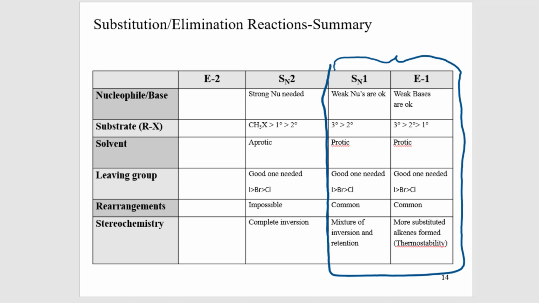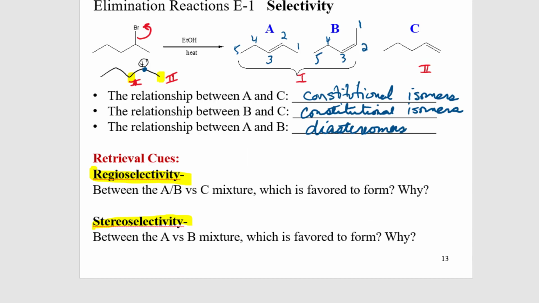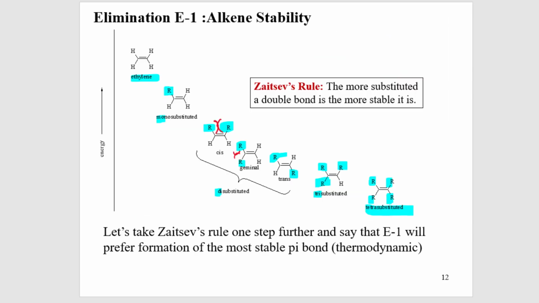Rearrangements, common, because you're forming a carbocation. And stereochemistry, well, in SN1, you're going to get a mixture of both inversion and retention, front and backside attack. And for E1, you're going to get a more substituted alkene that's formed for thermostability. So going back to this case, this is going to help us decide stereoselectivity and regioselectivity.